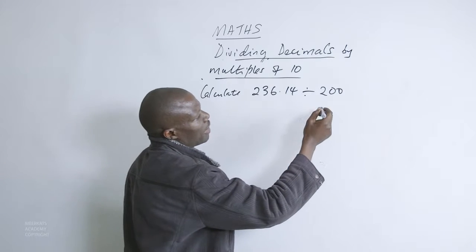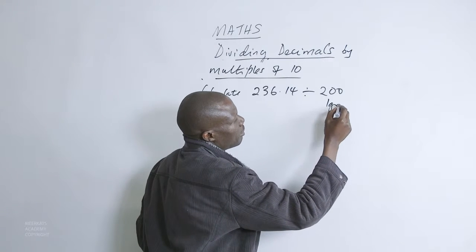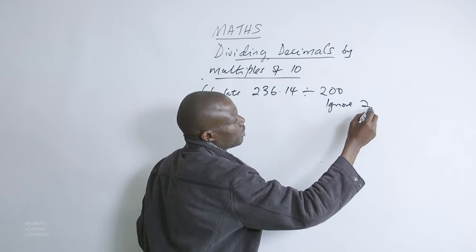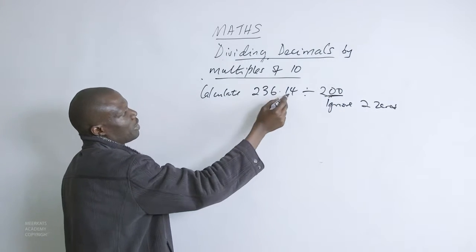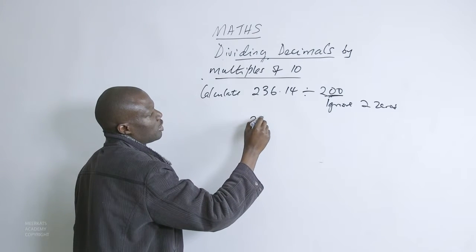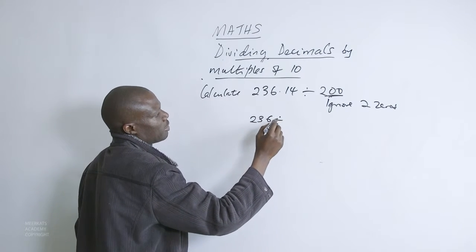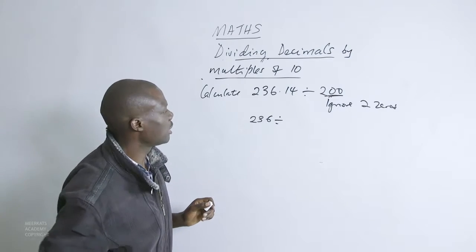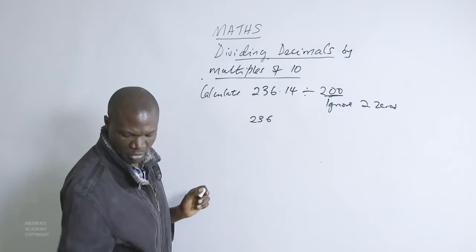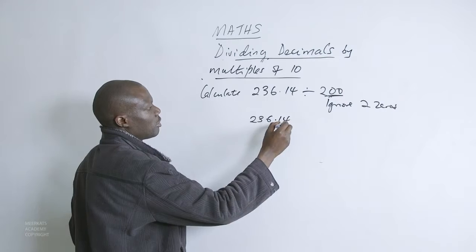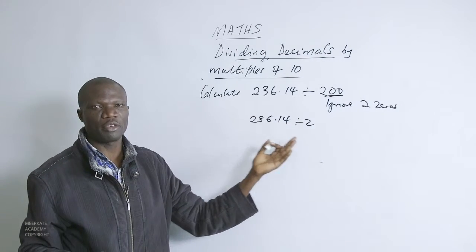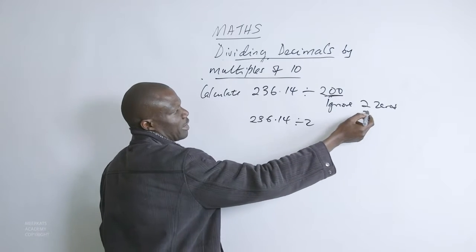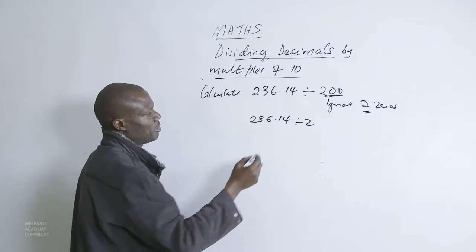So as we said here, we shall ignore 2 zeros in this case, and then we shall have 236.14 divided by 2. So we have reduced this to be a decimal divided by a whole number, putting in mind that we have 2 zeros kept aside.